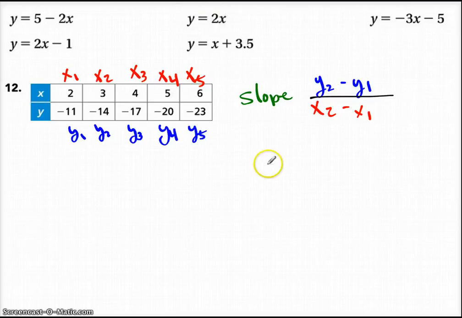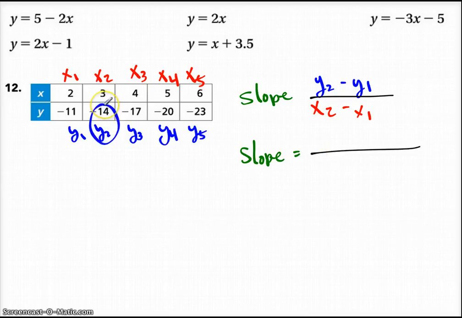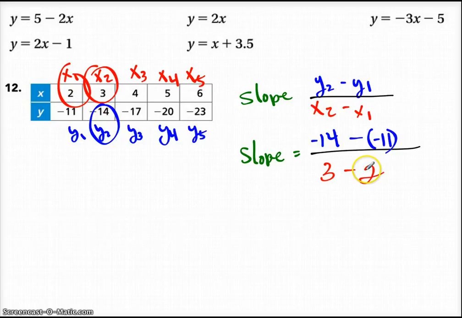So my slope is going to be y2. Well, y2 is right here. Negative 14, sorry, negative 14 minus this number, negative 11. And then my x values are going to be x2, which is 3 minus x1, which is 2. So I end up with a slope of, let's do that.